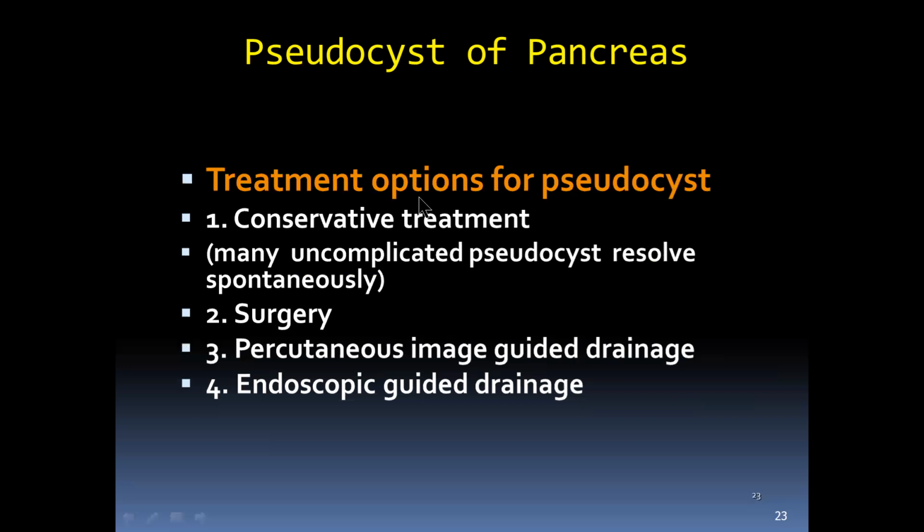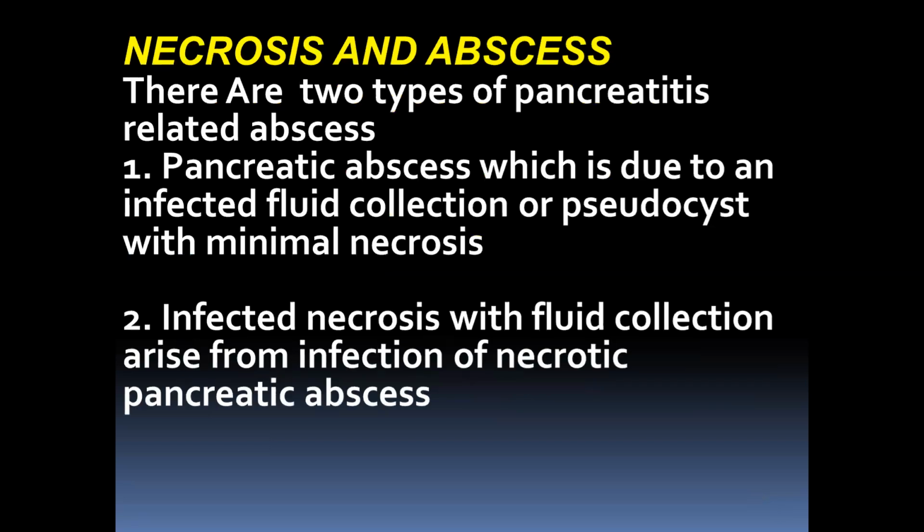Regarding treatment options of the pseudocyst, usually conservative treatment is advised because many uncomplicated pseudocysts resolve spontaneously. Second is surgery. Third is percutaneous image-guided drainage. And fourth is endoscopic-guided drainage. So these are the treatment options.